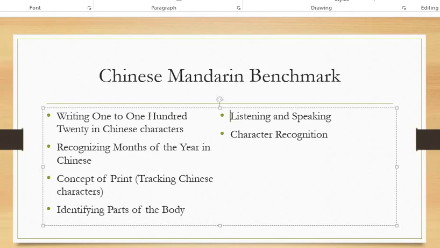When it comes to numbers after 100, some students may miss the actual Chinese character for 100, which is bai, and then also maybe the number 0, which is ling. I do introduce that just this trimester, so some kids aren't able to remember those characters at this point.